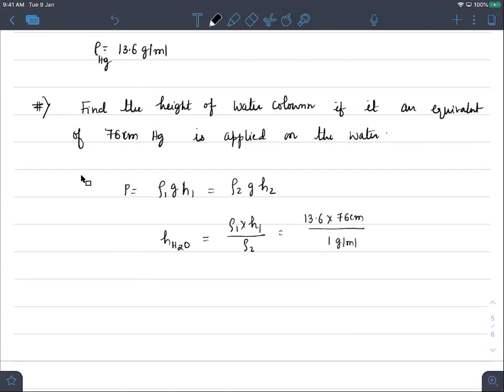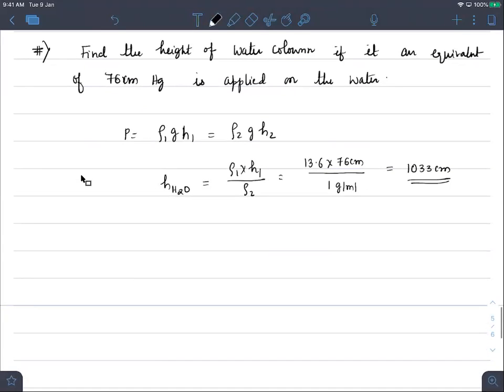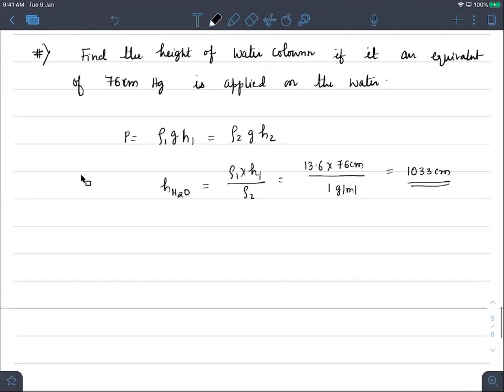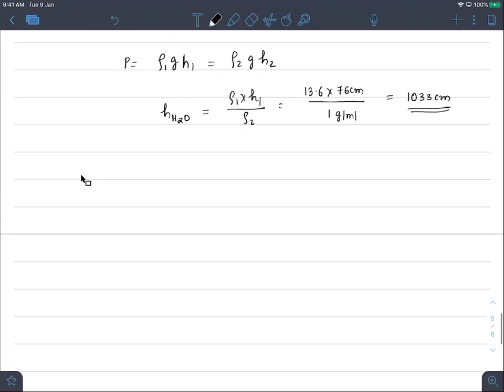Density of water is approximately 1 gram per ml. So when you do this, approximately you're getting 1033 centimeter, which is almost close to 10 meters. So it is highly impractical to use water, because of its low density, we need to have very big columns to be maintained. Okay, that's why mercury is used, which is a highly dense liquid. I think all of you understood this point. So this is about barometer.